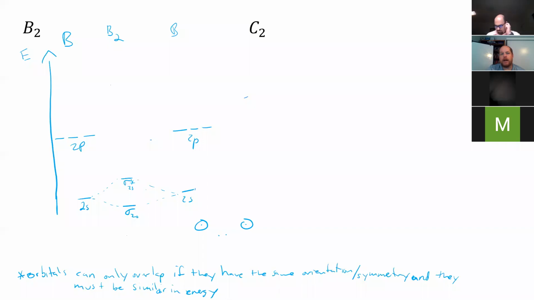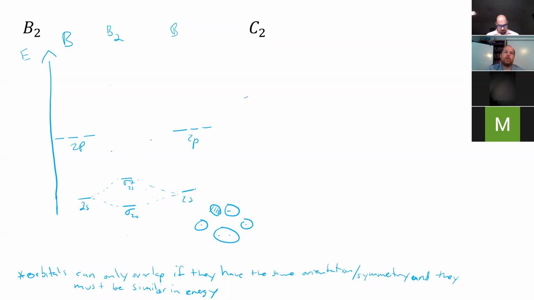Then you get the 2s bonding orbital, something like that, and the 2s anti-bonding orbital, which looks something like this, where they're out of phase with each other. Same idea as with the 1s orbitals overlapping. And they have symmetry in the case of these sigma bonds along that bonding axis.